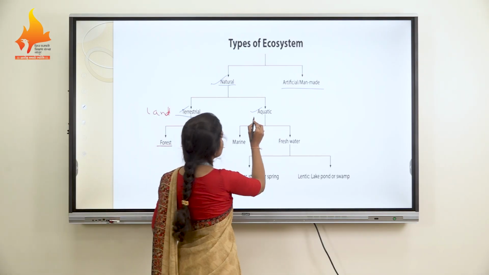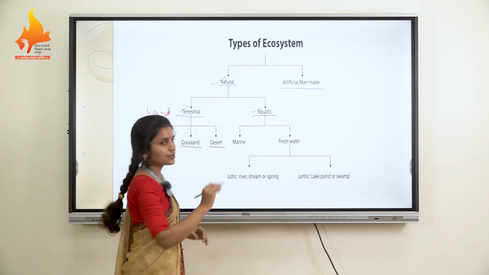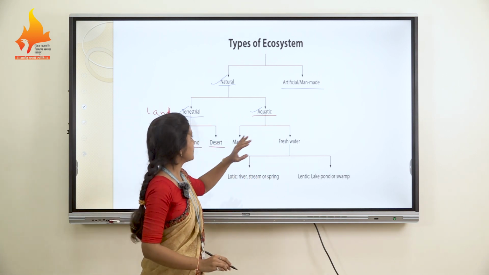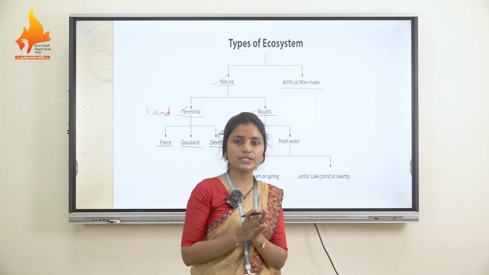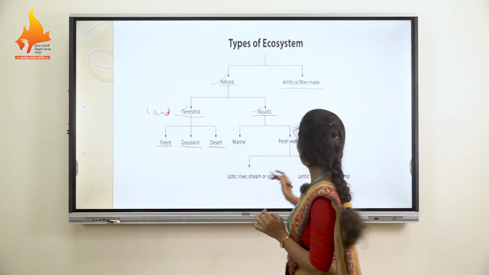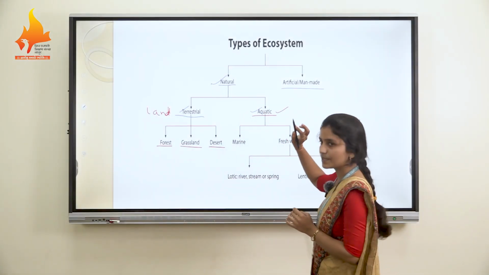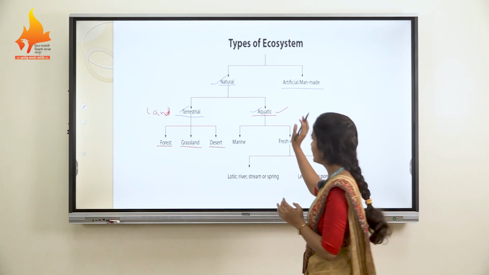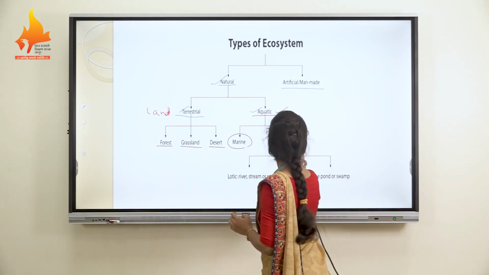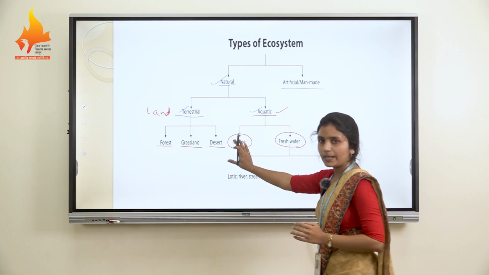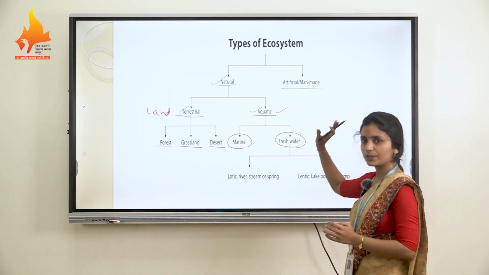The next type of natural ecosystem is the aquatic ecosystem. The ecosystem which is found in water is called an aquatic ecosystem, and the aquatic ecosystem is again divided into two types, that is marine water ecosystem and freshwater ecosystem.